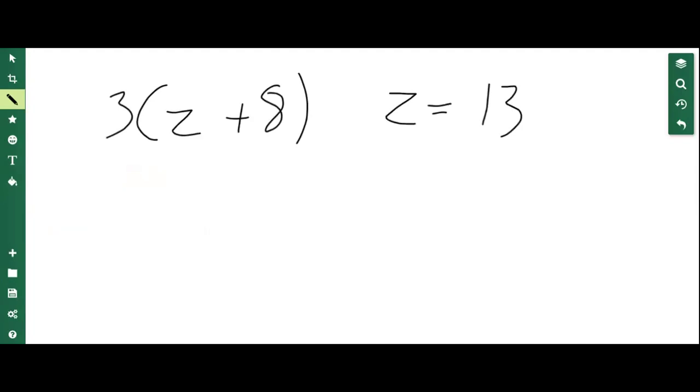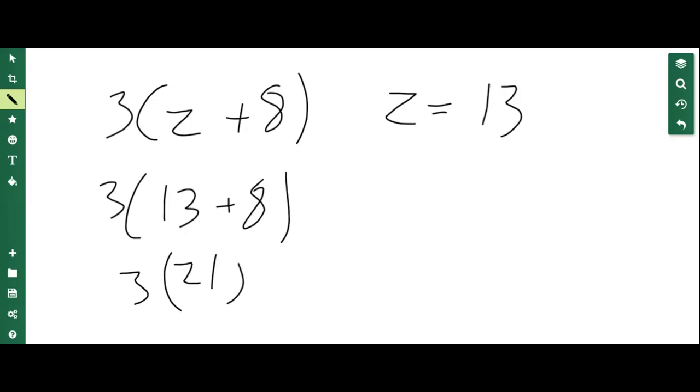So that means I just plug in 13 for every z that I see. Here, there's only one z, so I'm going to do 13 plus 8, right? What is 13 plus 8? Well, that gives us 21, right? 3 times 21 will give us 63. And boom, that is one of our evaluations.